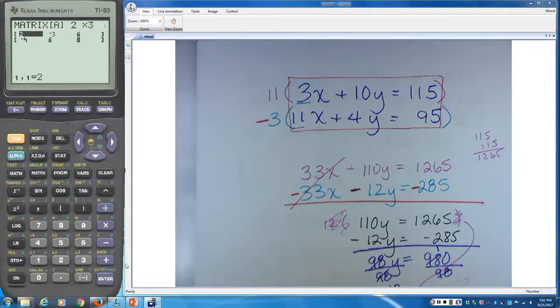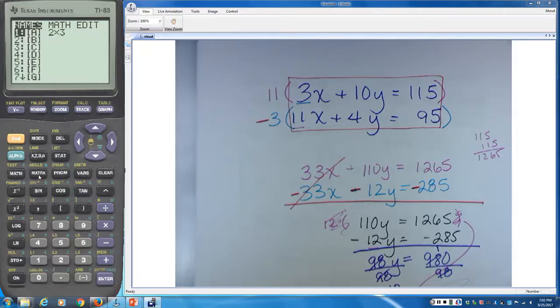And this matrix starts out with 3, and then 10, and then 115, and 11, and 4, and 95. And then I quit, and I clear my screen off because I don't want to be distracted by anything else. And I ask it to show me matrix A to be sure it looks like I think it does. 3, 10, 115, 11, 4, 95, it does.